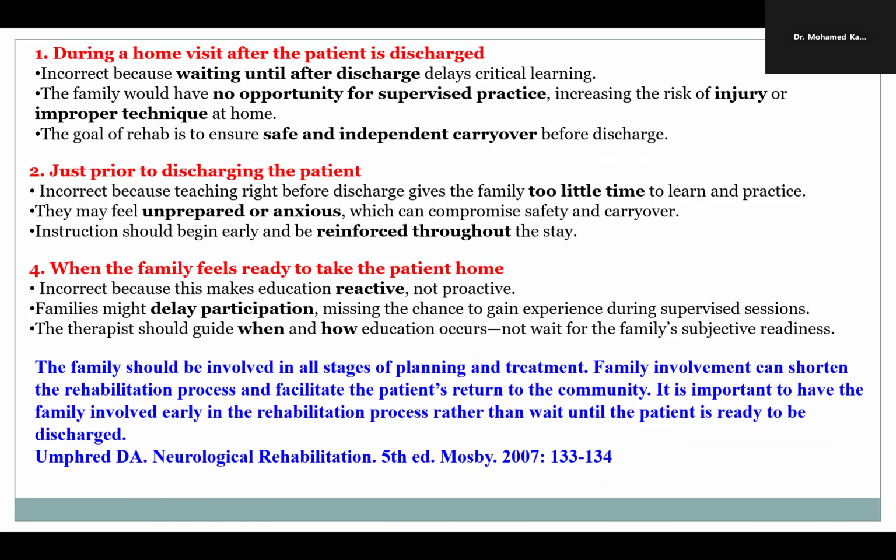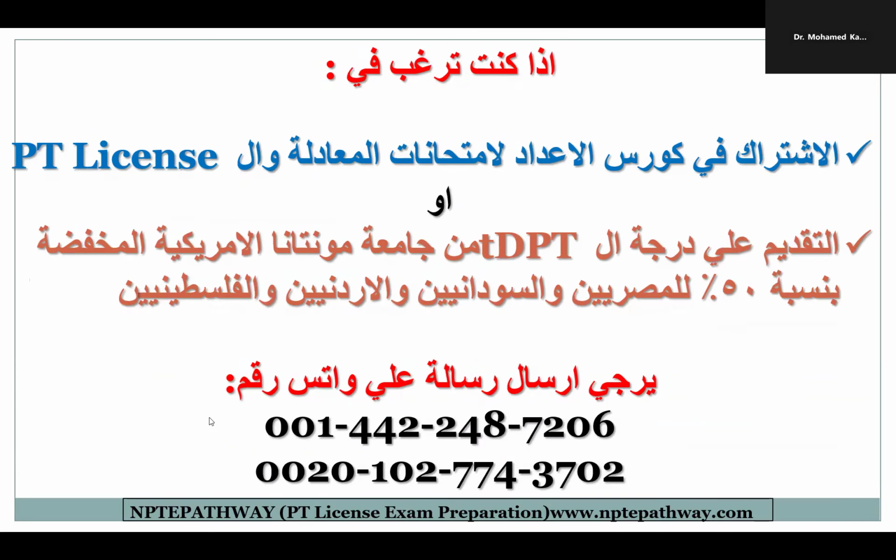So I would involve the family early on in rehabilitation, in advance before discharging the patient home. This was the answer of today's question, and it is important to understand the rationale of the question and what is the purpose of the material as well.